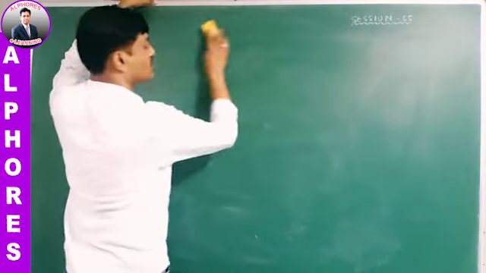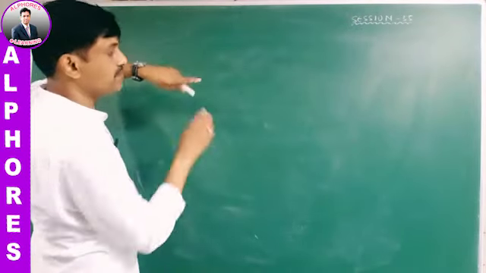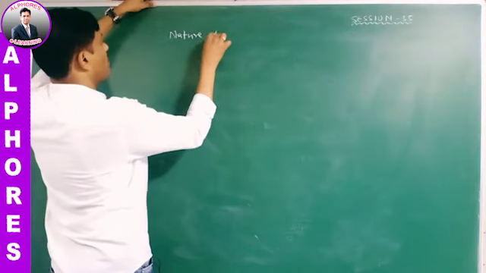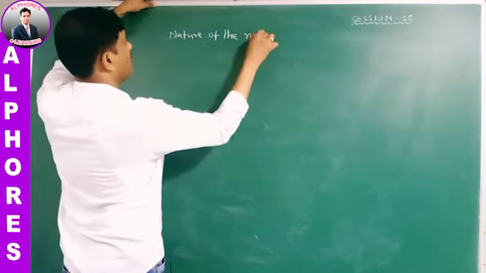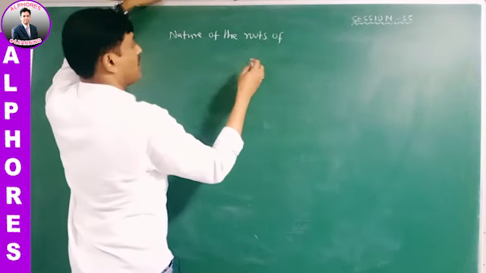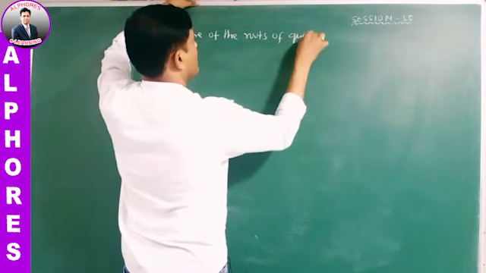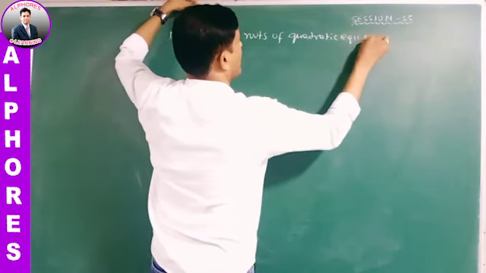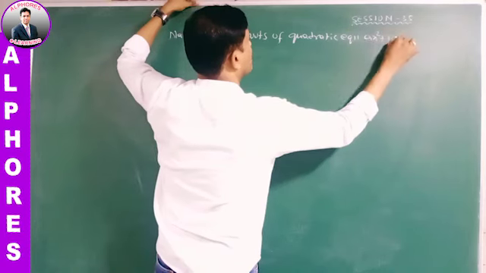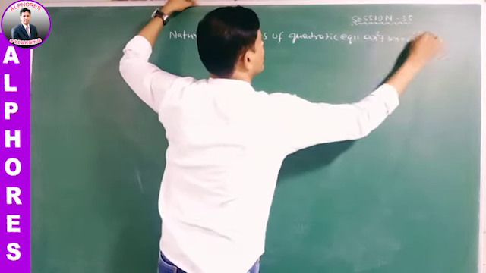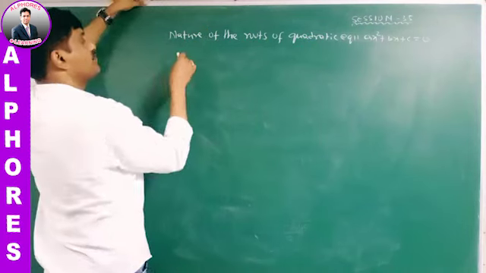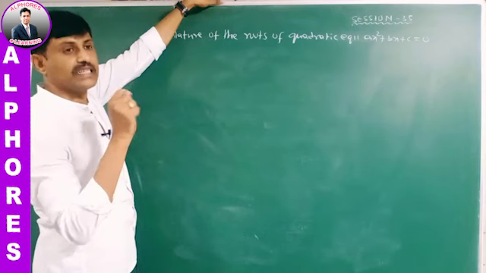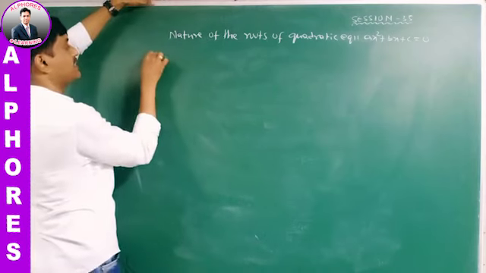Nature of the roots of a quadratic equation a x square plus bx plus c is equal to 0. Now the nature of the roots always depends upon the discriminant. Now what is the discriminant?